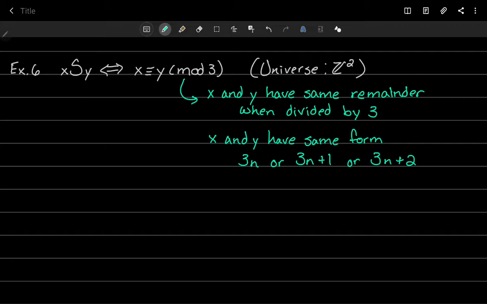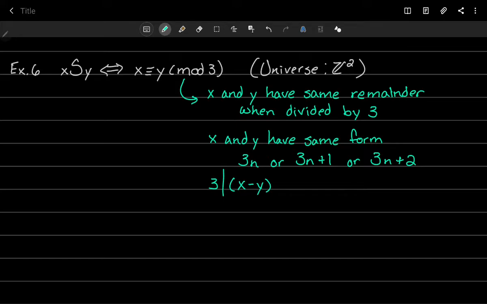So congruent mod 3 means they have the same form. The other way to think about this, and this is the technical definition, which is what we're going to use in our proofs, is that if x is congruent to y mod 3, that means 3 divides x minus y.